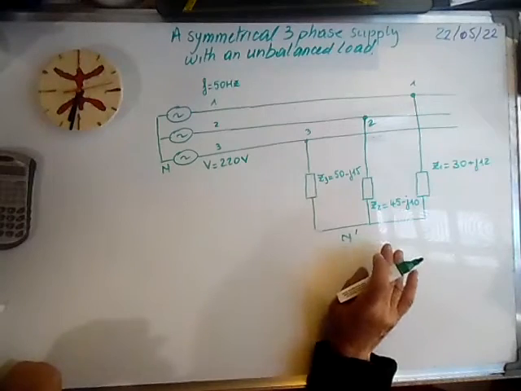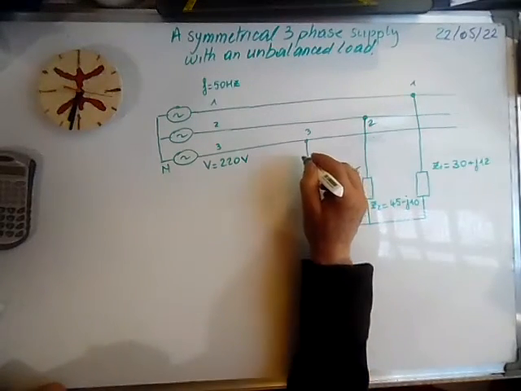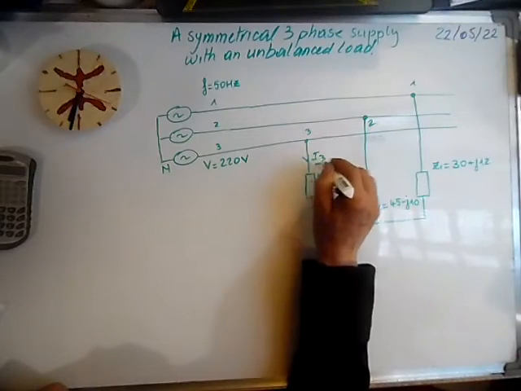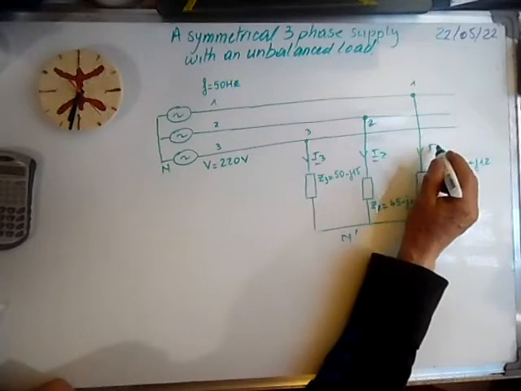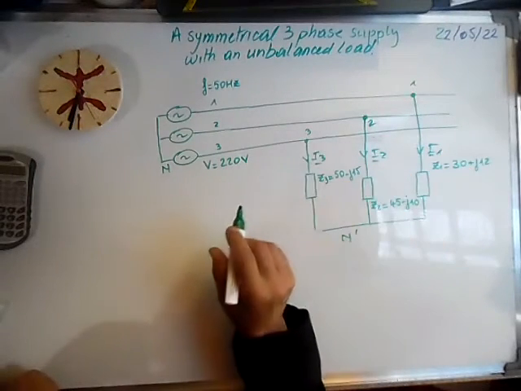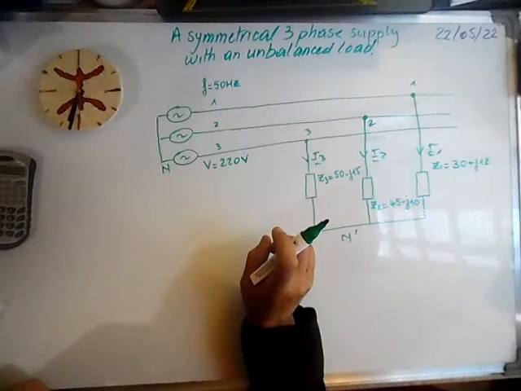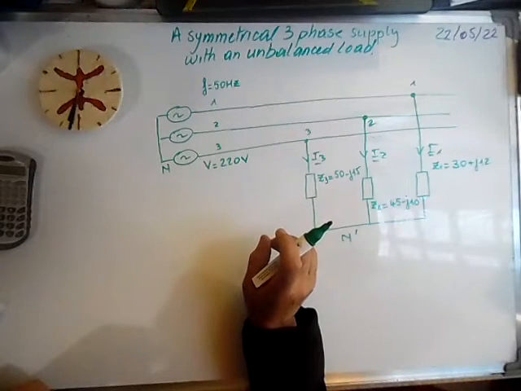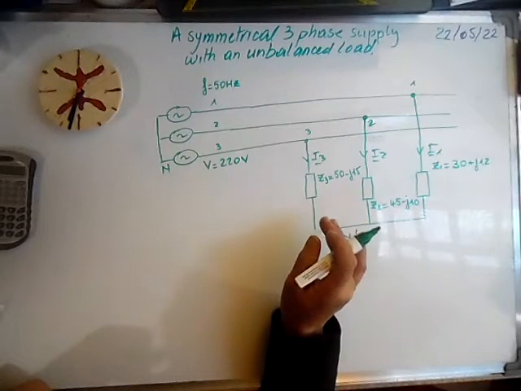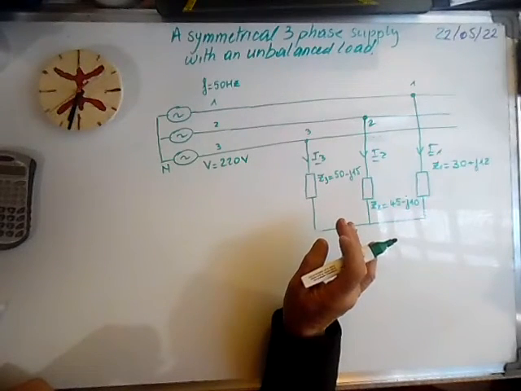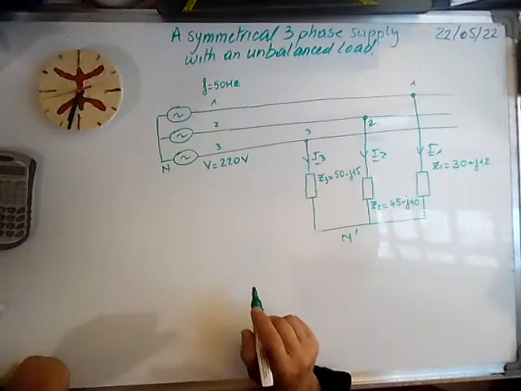So determine the line currents flowing here. Line currents and the power supplied to the unbalanced star connected load in the three-phase circuit.